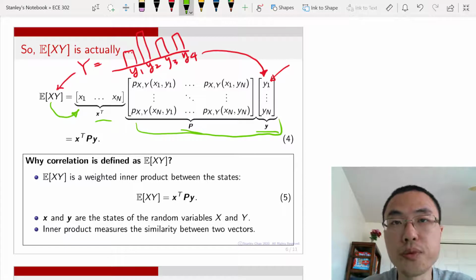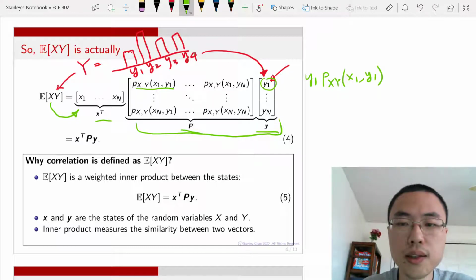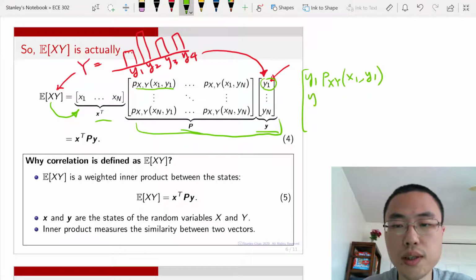You have P times y. So how do we get the first entry? It would be this number times y1. So you have y1 times the P of x, y, and then x1, y1. And then you have the second entry. The second entry will be y2 times this P of x1.